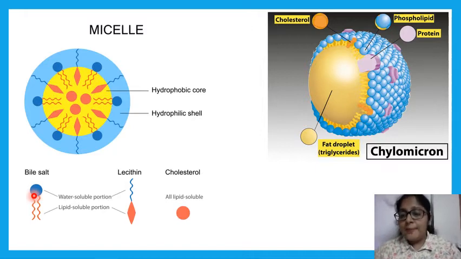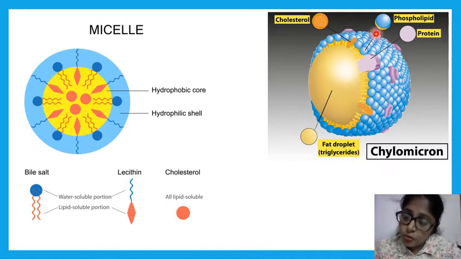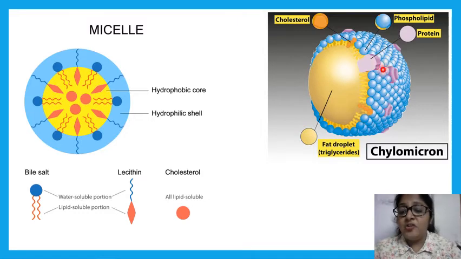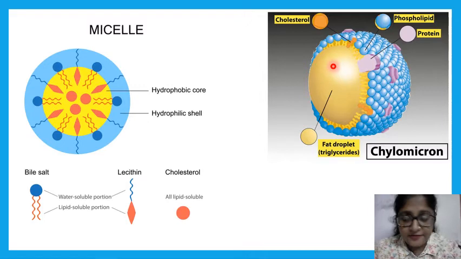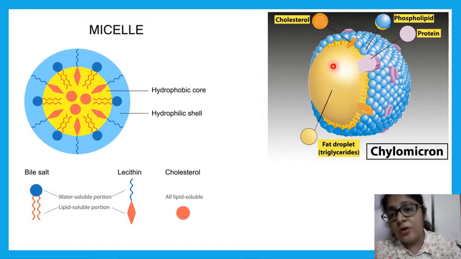Now coming to the chylomicron. As you can see in this image, a chylomicron is also a compound made up of cholesterol, phospholipid and protein, which cover the fat droplet or the triglyceride. It is basically 1 micron in diameter, and these are extracellular fat droplets. They don't contain only triglyceride but also protein, as I have shown in the picture, some free cholesterol, saturated triglycerides, and monolayers of phospholipids.